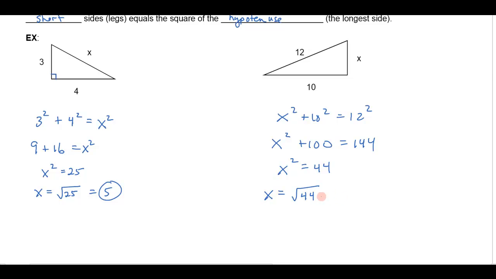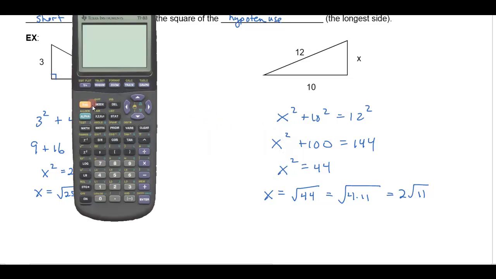I could reduce that if I wanted an exact answer. I could say that that's the square root of 4 times 11 and bring the square root of 4 out: 2 square root of 11. But usually in applications where you want to find that side, you want a decimal value. So let's go ahead and do that on our calculator here.